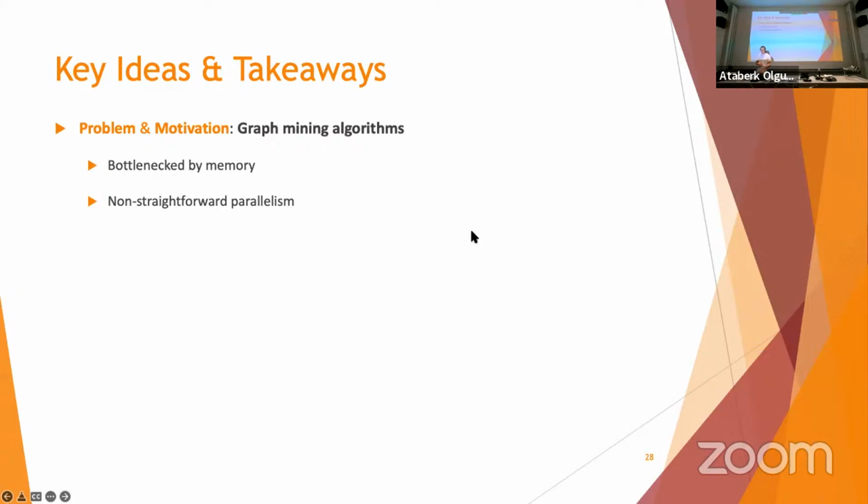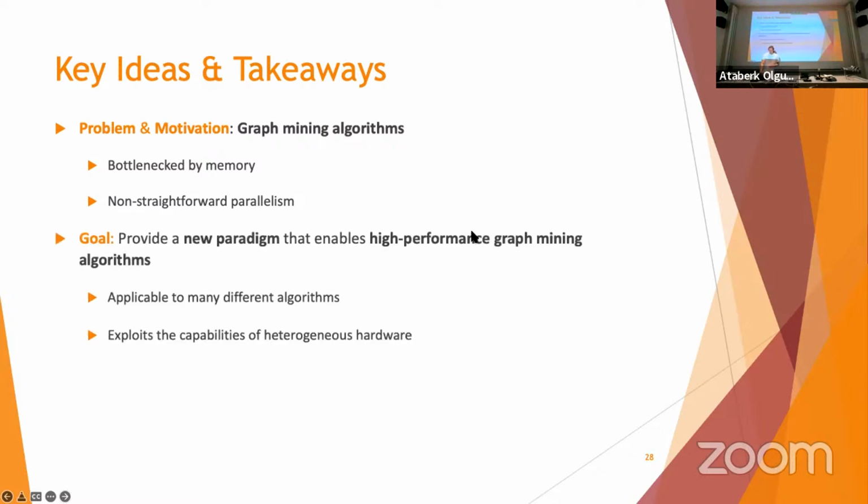So to make a loop, the key ideas and takeaways: we tackled the challenges of graph mining, because graph mining is bottlenecked by memory and provides non-straightforward parallelism. Our goal was to provide a new paradigm, which we've done by using those set-centric formulations.